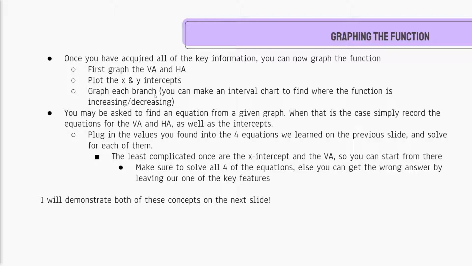So what you could do is, of course, make an interval chart, like we've been doing in the last couple of lessons, where you could analyze the behavior of the graph depending on how it is behaving when it is approaching the asymptote, if it's increasing or decreasing, if it has a positive or negative slope, etc. But again, if you just remember the little detail we learned about in chapter 3.1 about how those graphs actually look like when they're positive and increasing or like negative increasing, you can make this process a whole lot faster.